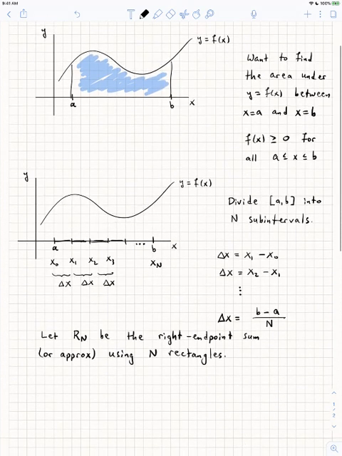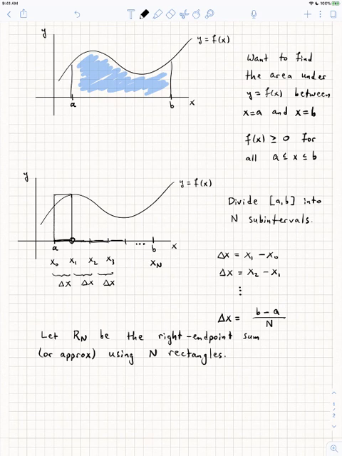So what that means is I'm going to determine the height of these rectangles using the right endpoint. On our first interval, from x0 to x1, my right endpoint is x1, and so I just go straight up until I hit the curve, like so, and that determines the height of the rectangle. That's my first rectangle.